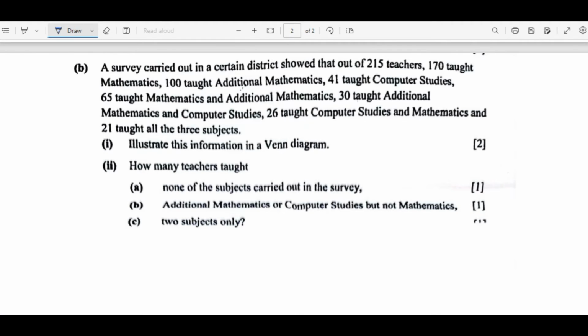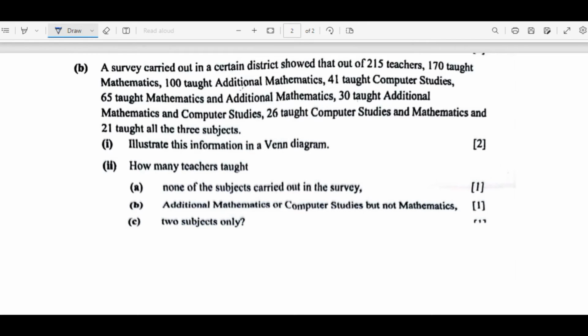A survey carried out in a certain district showed that out of 215 teachers, 1/7 taught mathematics, 100 taught additional mathematics, 41 taught computer studies, 65 taught mathematics and additional mathematics, 30 taught additional mathematics and computer studies, 26 taught computer studies and mathematics, and 21 taught all the 3 subjects.